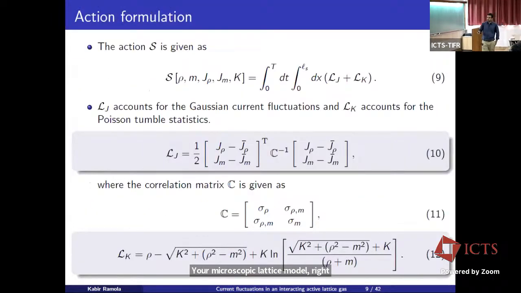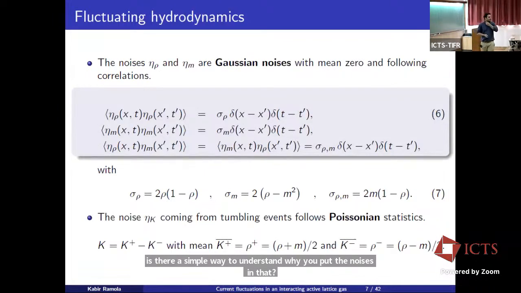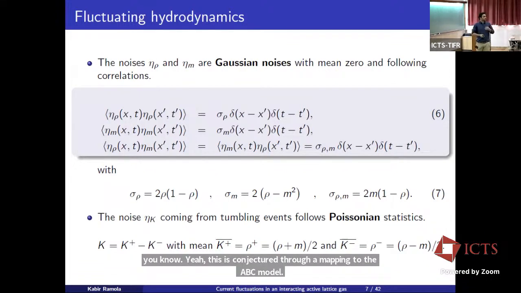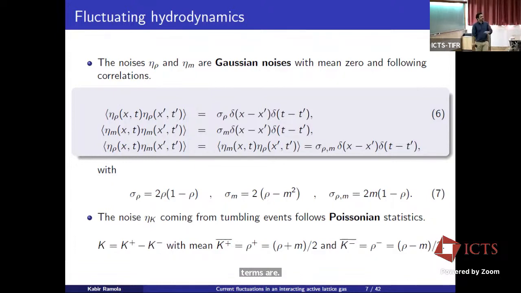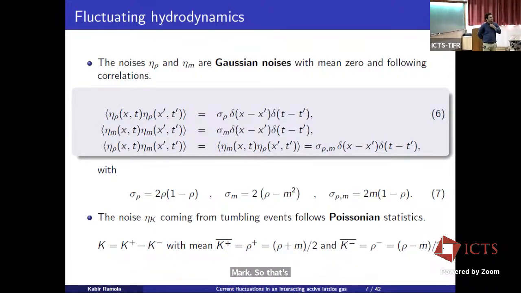Is there a simple way to understand why you put the noises that way? Yes, this is conjectured through a mapping to the ABC model. For the ABC model, you can actually write down what the noise terms are, and so these forms are given by a mapping to the ABC model.